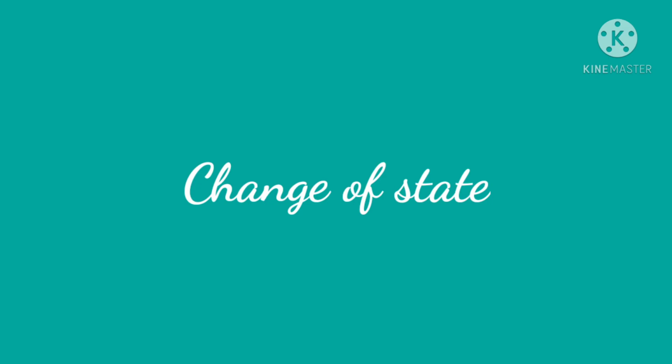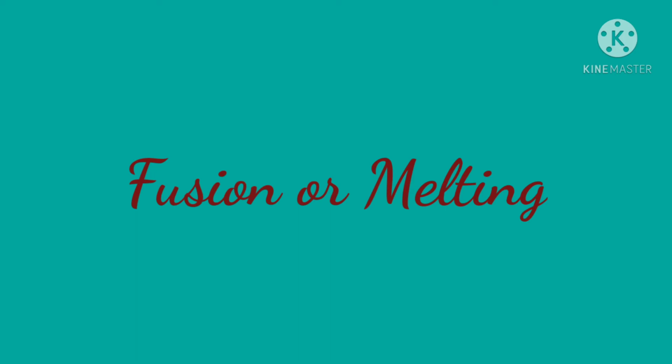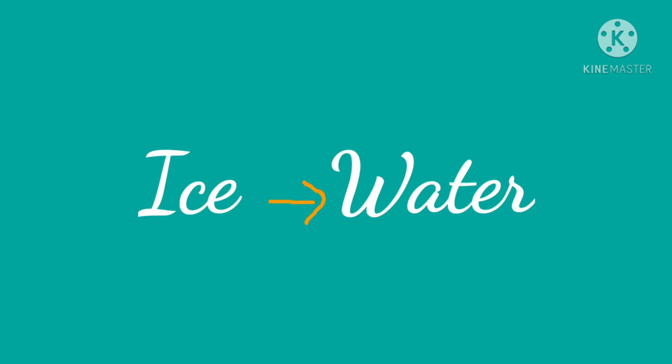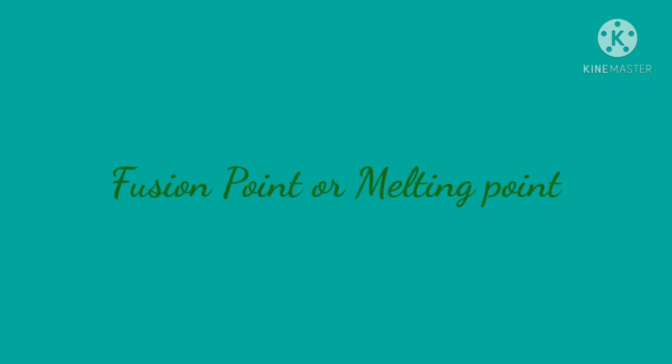Next is fusion or melting. Fusion or melting is the process due to which a solid changes into liquid state at some fixed temperature by the absorption of heat. Example, ice to water.